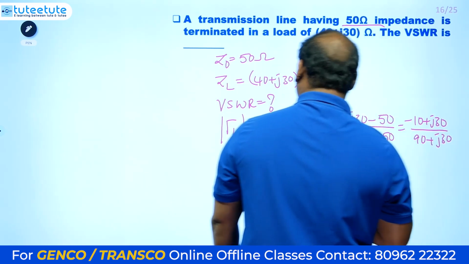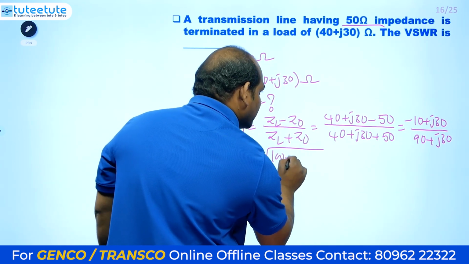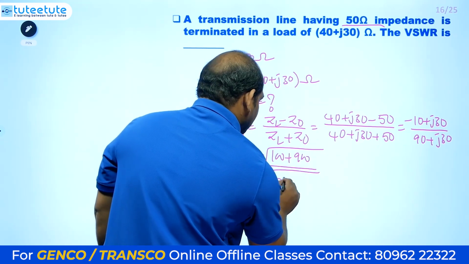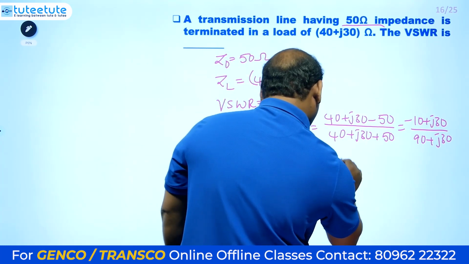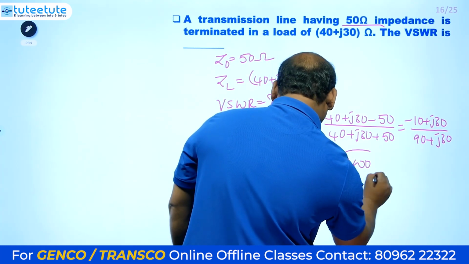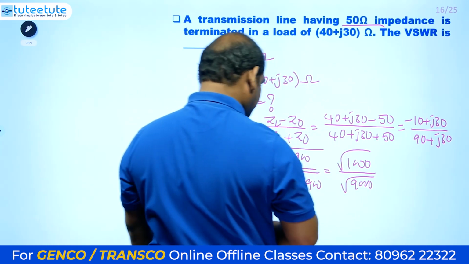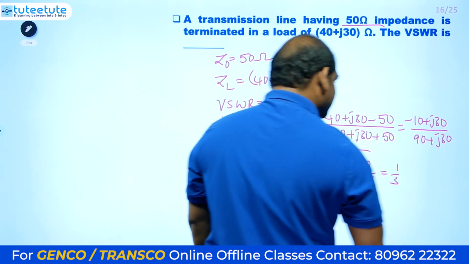Take the magnitude of the numerator and denominator: square root of (100 plus 900) by square root of (8100 plus 900). So it is equal to square root of 1000 by square root of 9000. So it is equal to 1 by 3 that you will get.